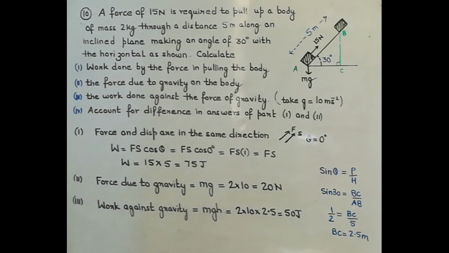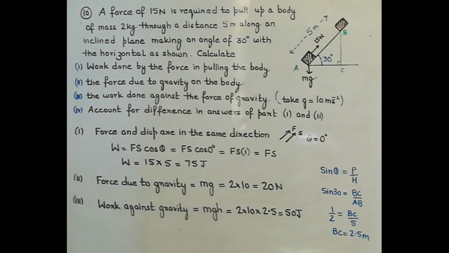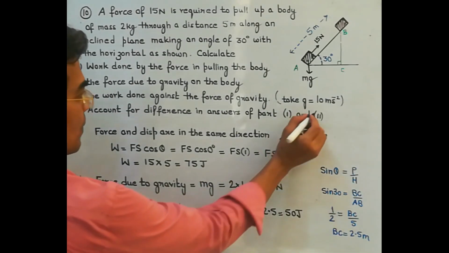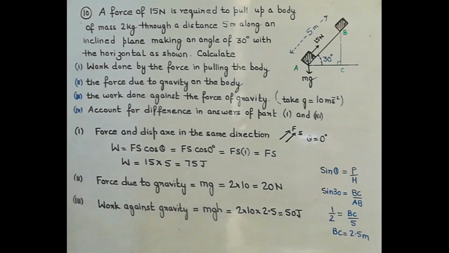So they are asking, account for the difference in answer of part 1 and part 3. Sorry, part 1 and part 3, not 2, part 3. Account for the difference in work. Why is there so much difference?